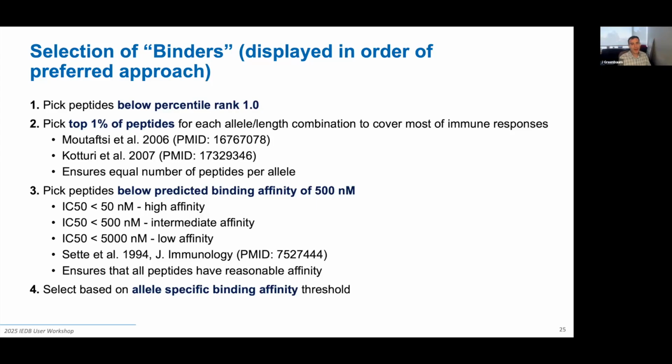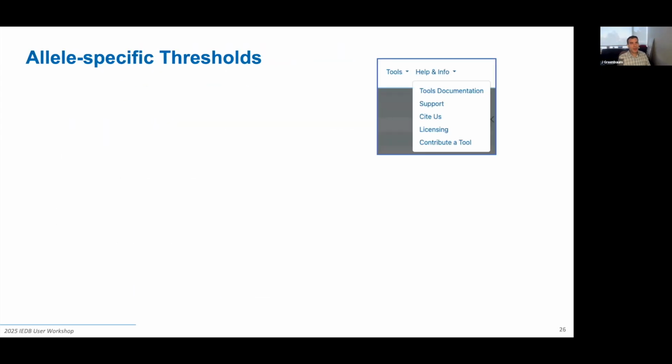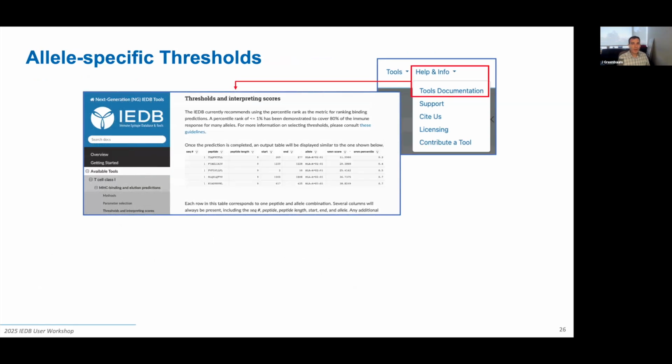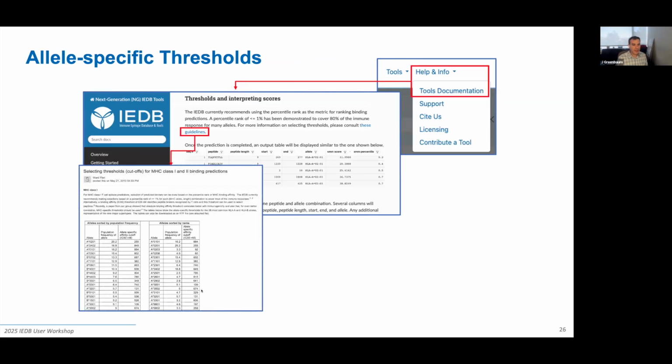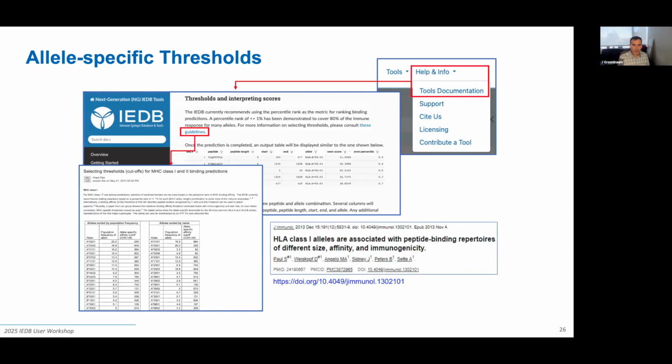And then we have developed some allele-specific binding affinity thresholds as well. And you can find more about those by going through the help, where we have a table of the various alleles and their allele-specific cutoffs. And that comes from this paper that's linked here.